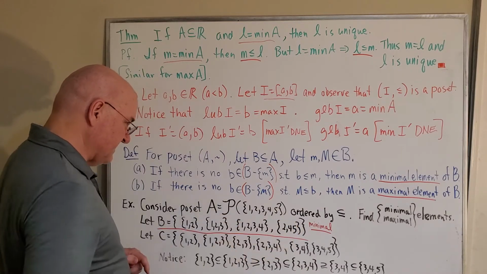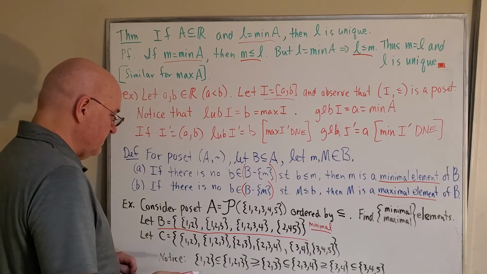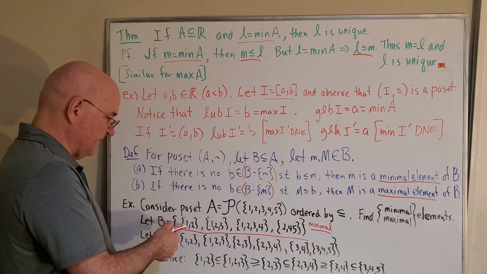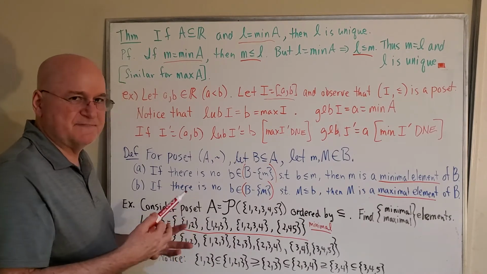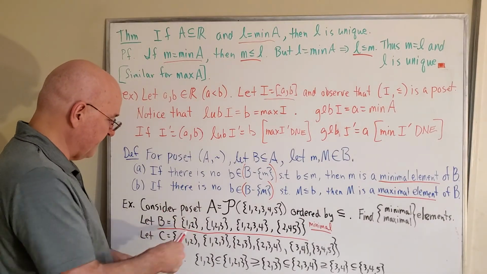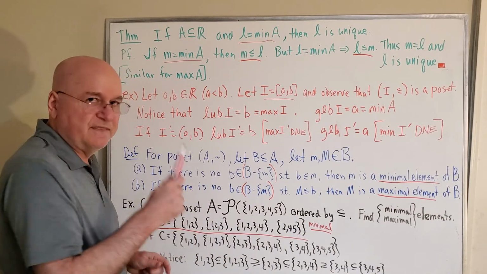And that one's not a subset of anything. Is there anything that is a subset of this one in the set, other than itself? A set is always a subset of itself, but no, none of these sets is a subset of this, therefore it's minimal.